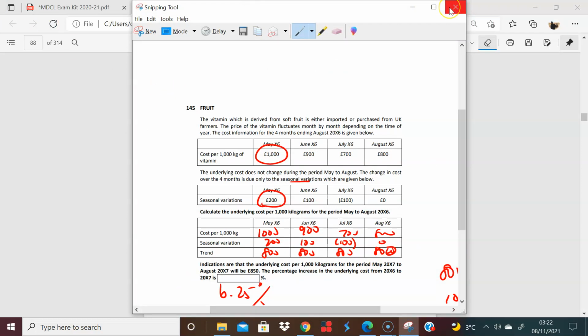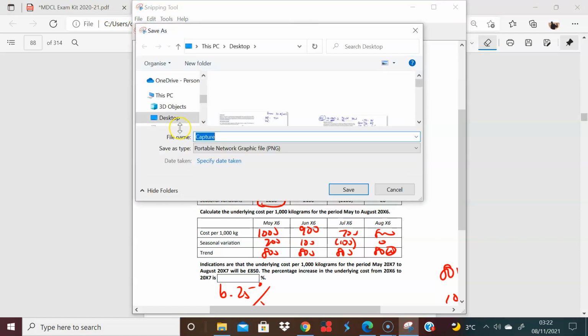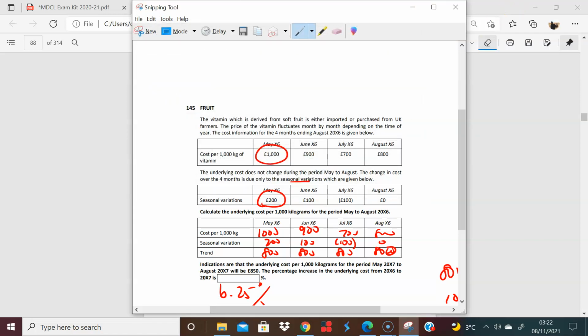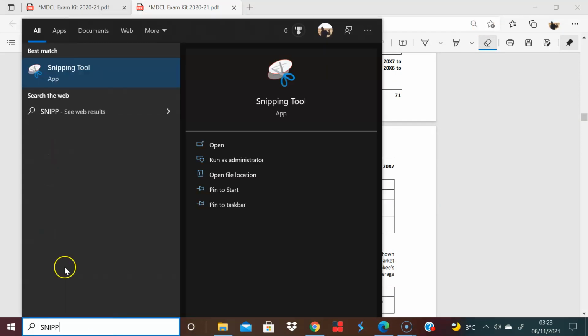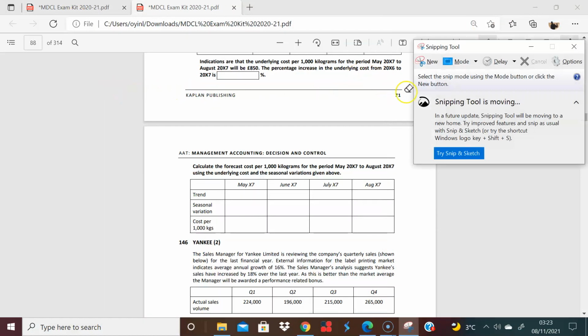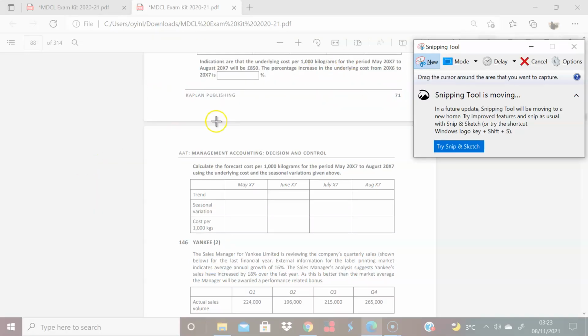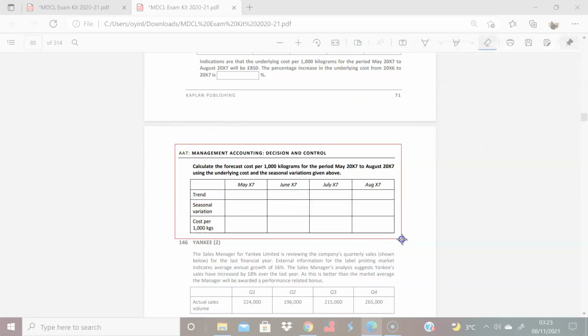I don't really need that. I know it's 6.25%. I'll just save it quickly. Save it as 1. It's fine. Get rid of that. And then I could have just done this on here, couldn't I? Doesn't matter. I'm snipping it out anyway. Here we are. Just take that out.